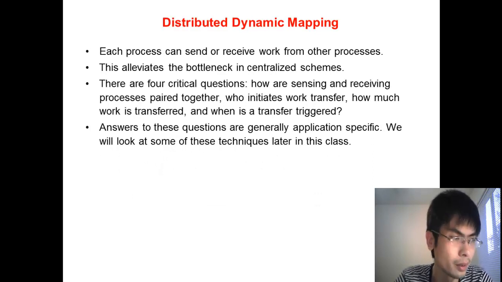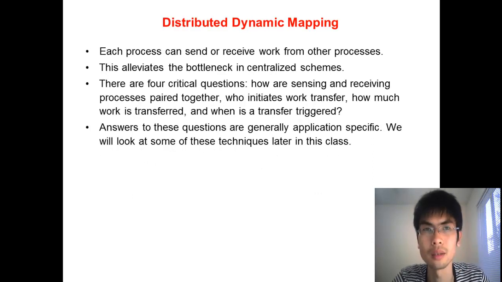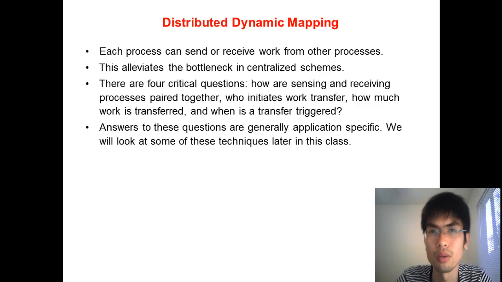In distributed dynamic mapping, each process can send or receive work from the other processors. So in this kind of model, we don't have a master or slave nodes. Every node is the same. They are at the same hierarchy level.